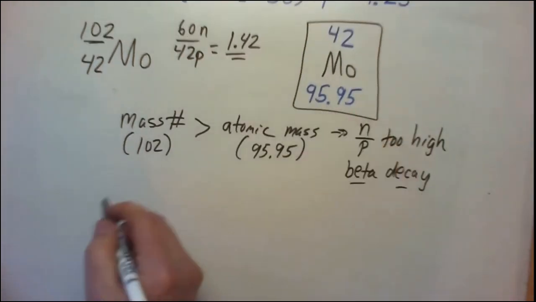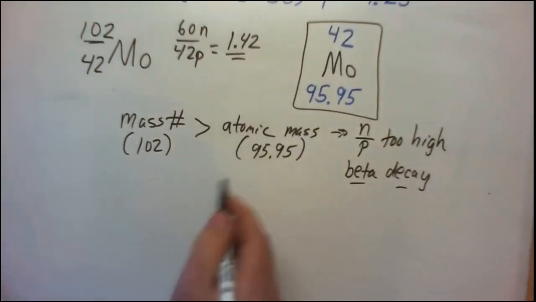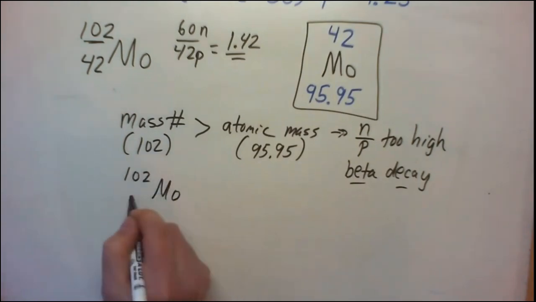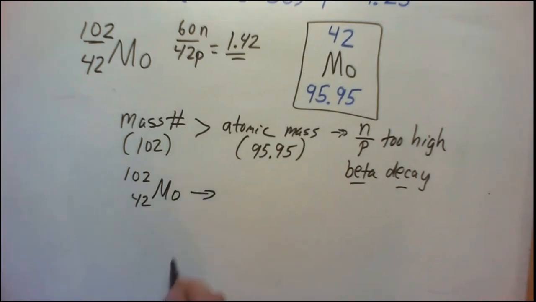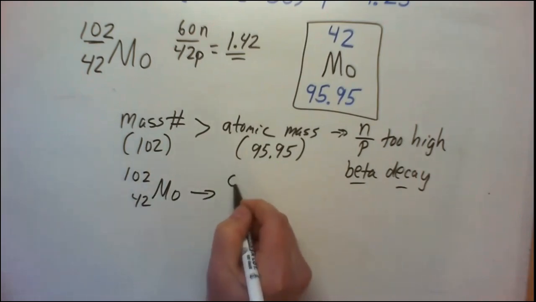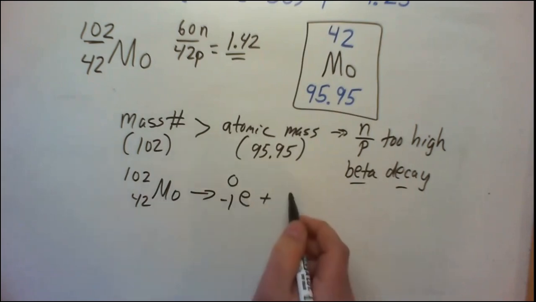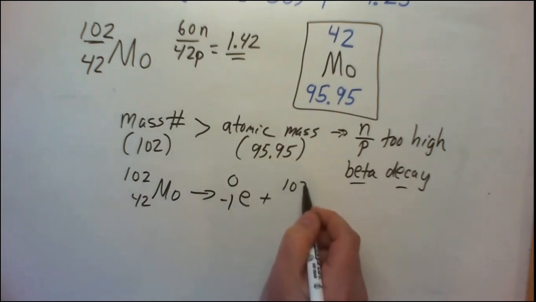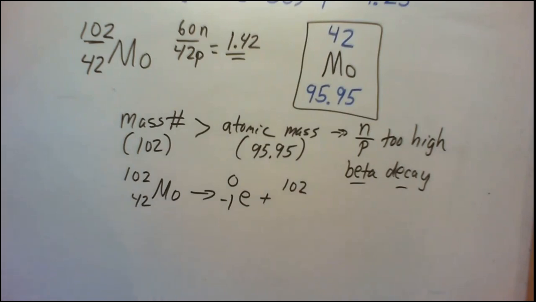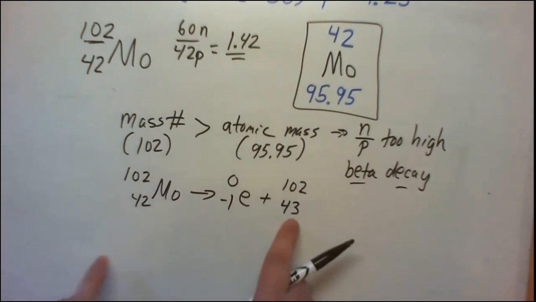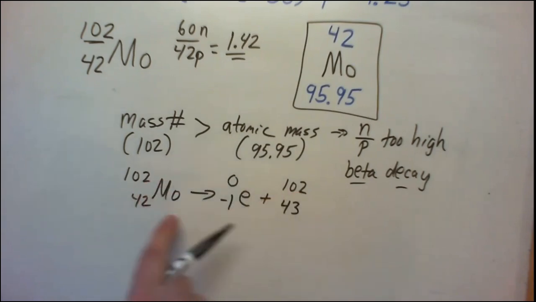And so if we wanted to write a balanced equation describing that, then we have molybdenum 102 would emit a beta particle, which remember is a fast electron. And then what's left, the missing particle here, would also have a mass number of 102, but it would have an atomic number of 43 in order to show that the mass numbers are the same on both sides, as well as the total atomic numbers.